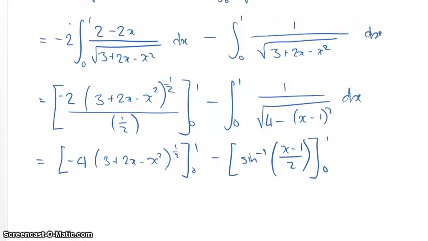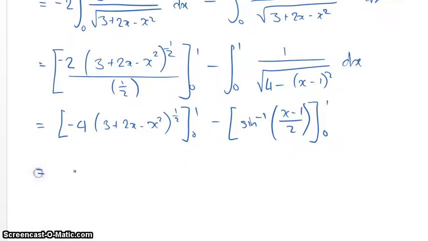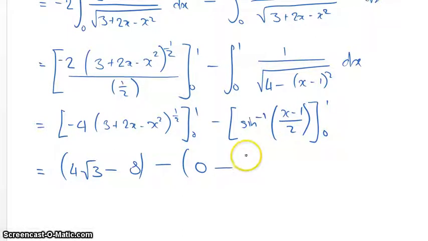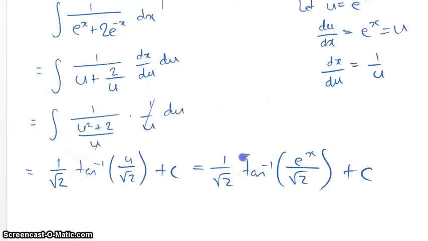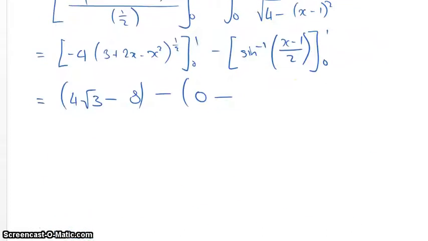So when we actually start calculating this, what do we find? We get 4 root 3 minus 8 minus, when x is 1 we get 0, minus, when x is 0 we get negative 1 over 2, minus negative pi upon 6.